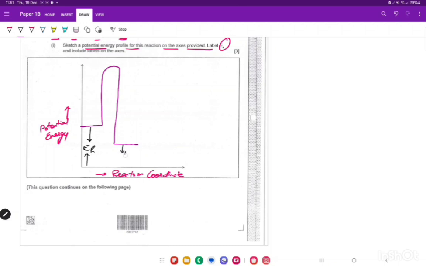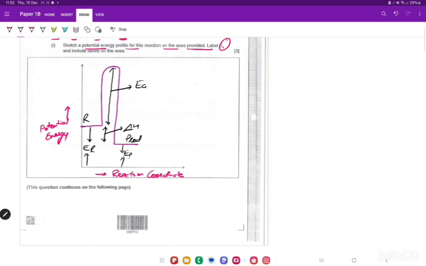This is energy of product, EP. From energy of reactant till the top, which is the energy barrier, this is my activation energy, EA. And this is delta H, which is negative enthalpy of reaction. These are reactants and this is product.